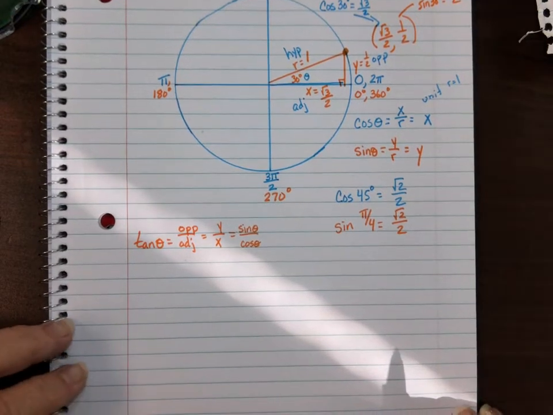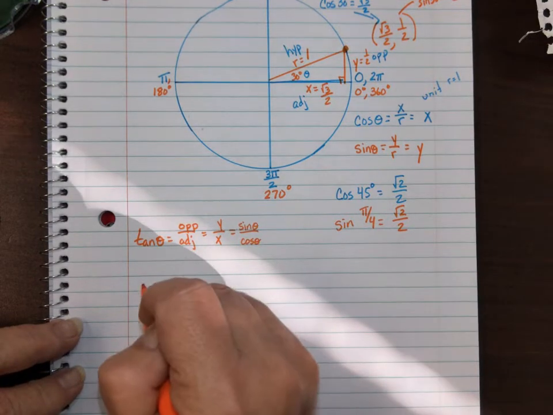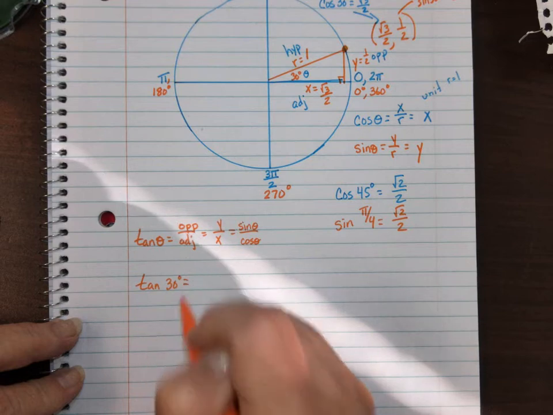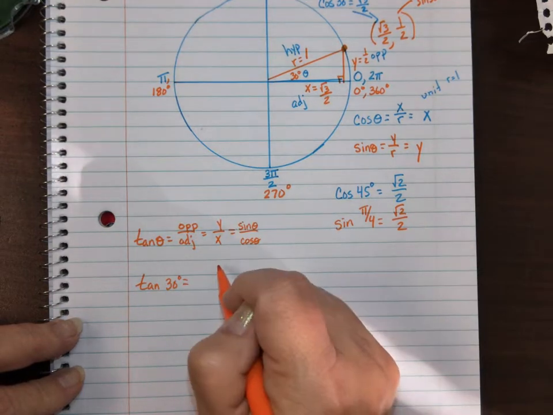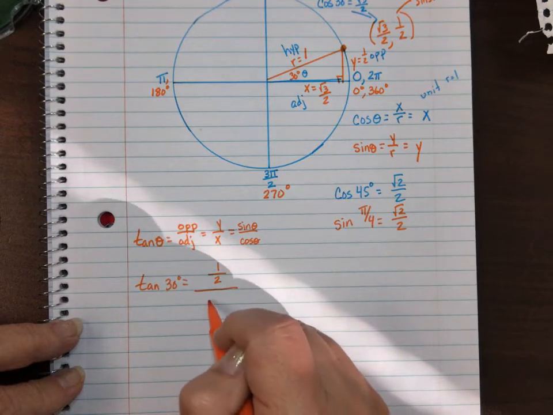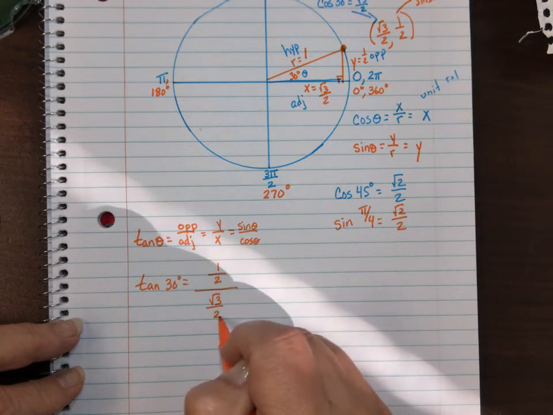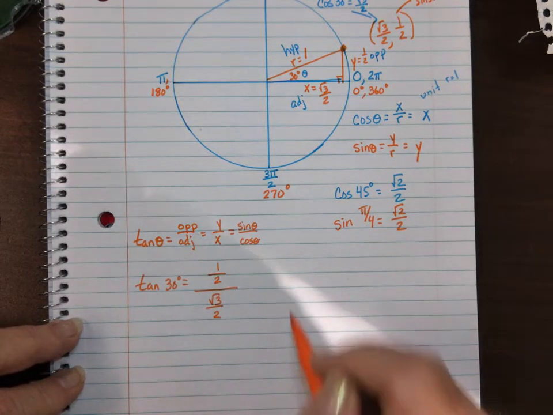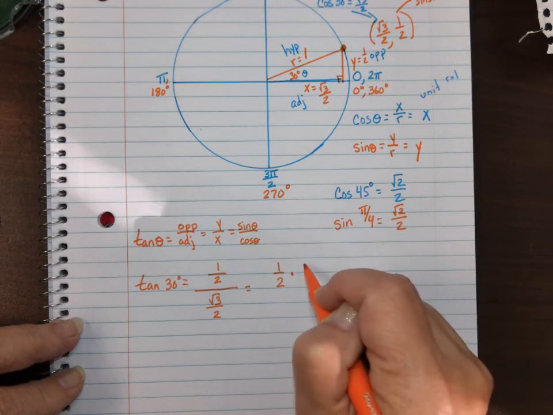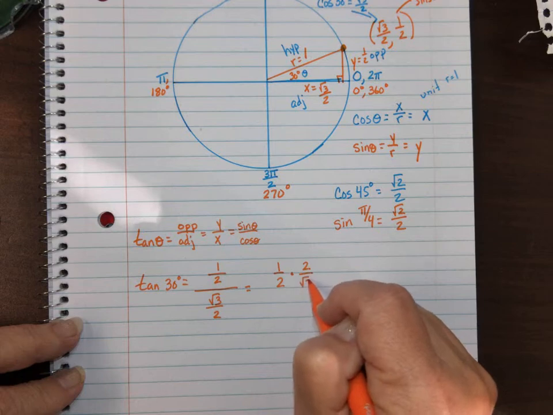So let's look at tangent of 30 degrees. Tangent of 30 degrees is going to be 1/2 divided by the square root of 3 over 2, which is going to be 1/2 times 2 over the square root of 3.